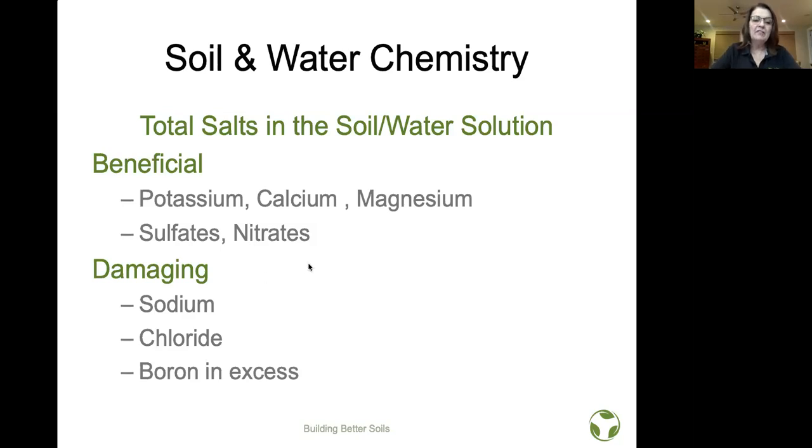We don't have as much sodium in our soil as some other waters do, and it's really kind of balanced by the amount of calcium that's found in our water. But what really gives us a lot of damage is the chloride. And the reason that chloride gives us problems is that it's taken directly up into the plant. The plant has a really hard time excluding it.